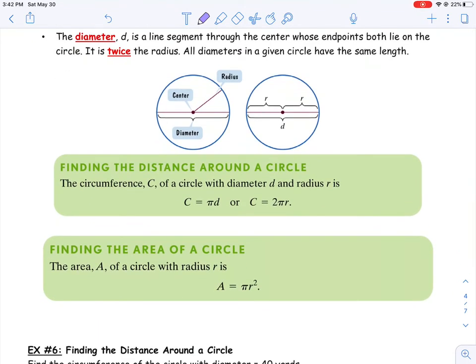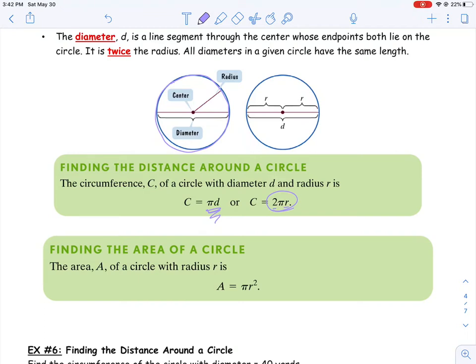If I have a circle, I can find the circumference, meaning all around the circle, same as perimeter, by doing pi times the diameter. You know pi is 3.14 and so on. Or because the radius is half of the diameter, you can do the circumference as 2 times pi times r.